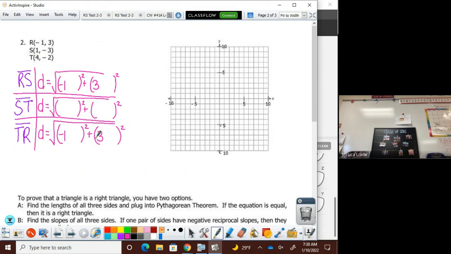S is 1, -3. And T is 4, -2. And then you're going to find each of those distances. So plug those values into your calculator, please.